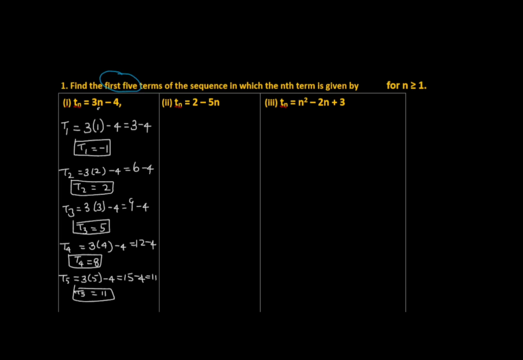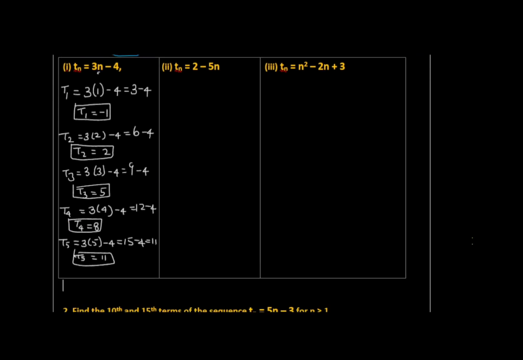So the 5 numbers can form a sequence. The sequence here is first number minus 1, then next number 2, then 5, 8, 11, and it all goes on. Like this we can develop the sequence.